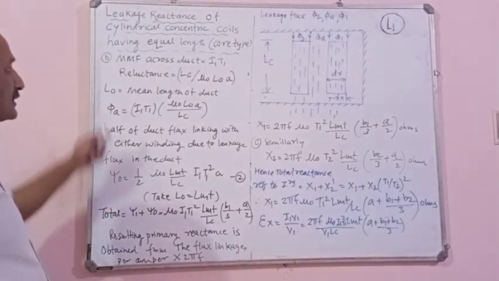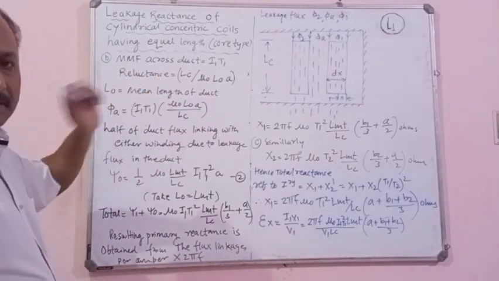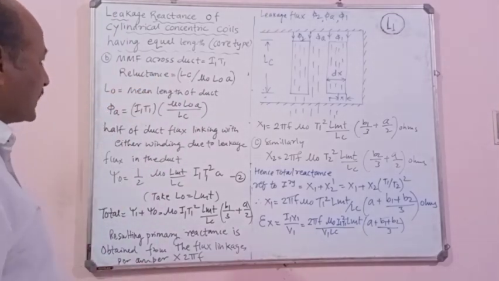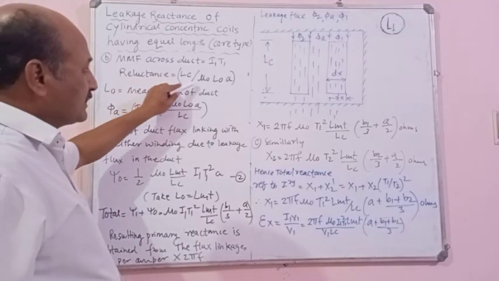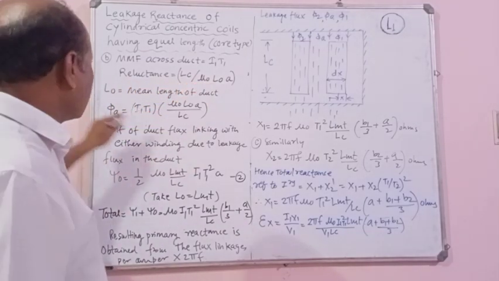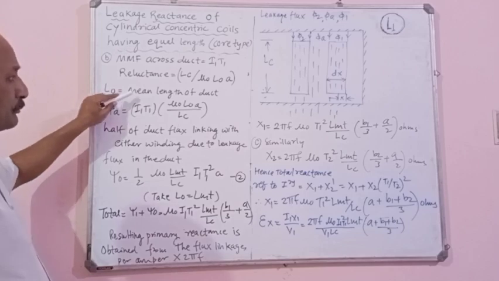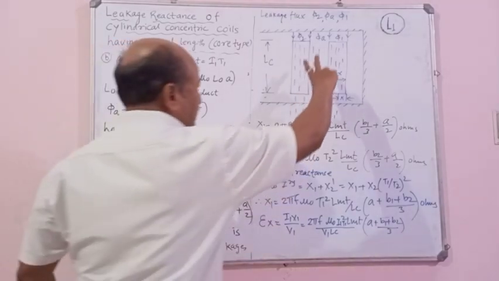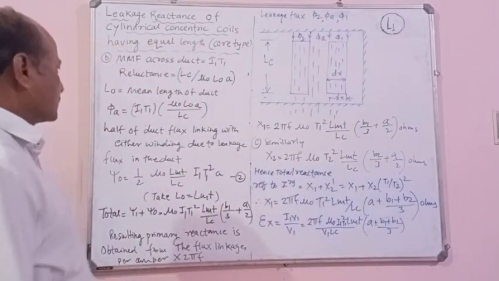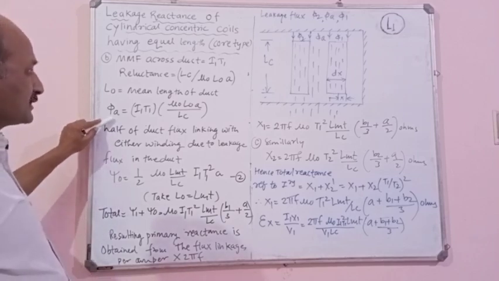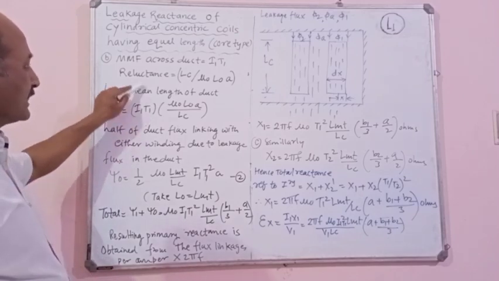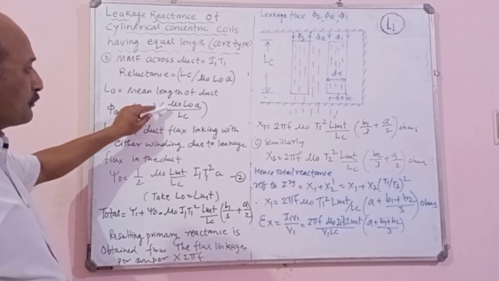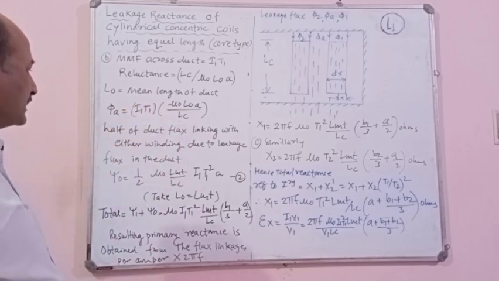So MMF across the duct equals I1 into T1. Then reluctance is given by LC divided by mu 0 L0 A, where L0 is nothing but the mean length of the duct. Hence phi equals I1 T1 divided by reluctance, that is mu 0 L0 A divided by LC.